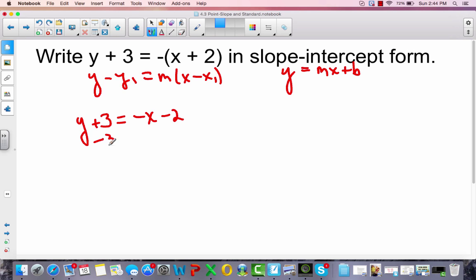So we go minus 3, minus 3. And we get y is equal to negative x minus 5. So this is the slope-intercept form of this line written in point-slope form. If you graph them, you get the same exact line.